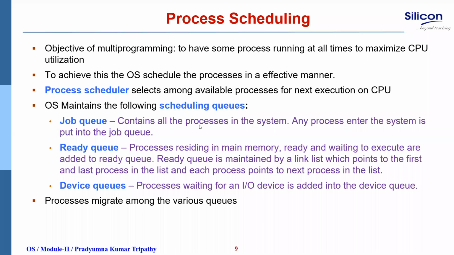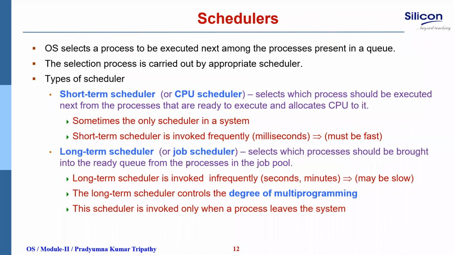From these, those which are ready will be brought to the ready queue. Here it says the long-term scheduler does that. The processes in the job pool means all in that job queue. Which processes have to be brought to the ready queue?